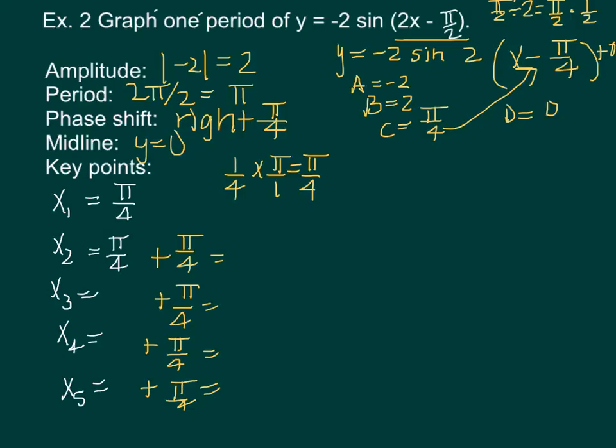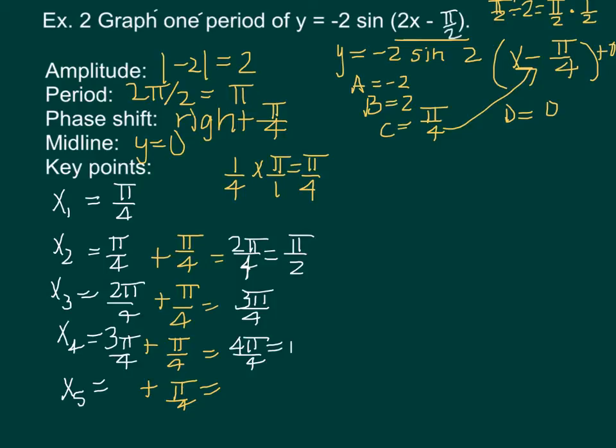So pi over 4 plus pi over 4 is 2 pi over 4. You can reduce it or you can leave it. 2 pi over 4 plus pi over 4 is 3 pi over 4. If I add it again, I'm going to get 4 pi over 4, which is pi. And 4 pi over 4 plus 1 pi over 4 is 5 pi over 4.